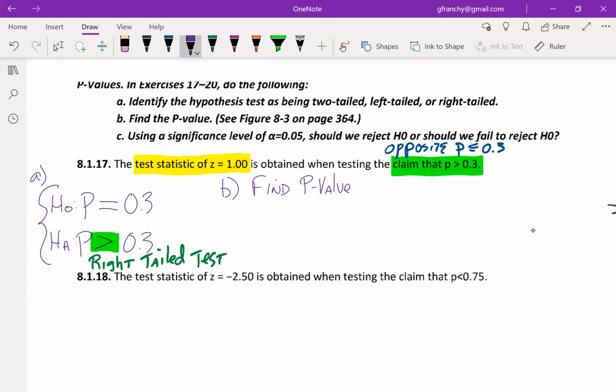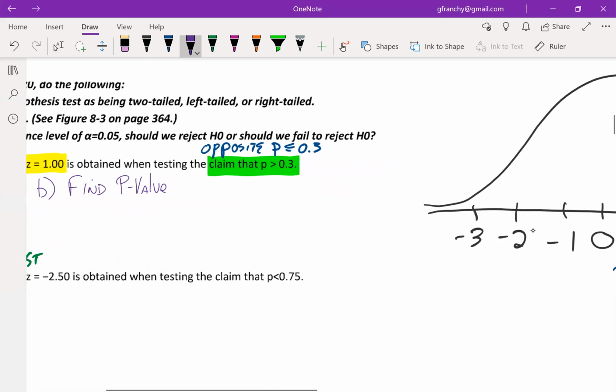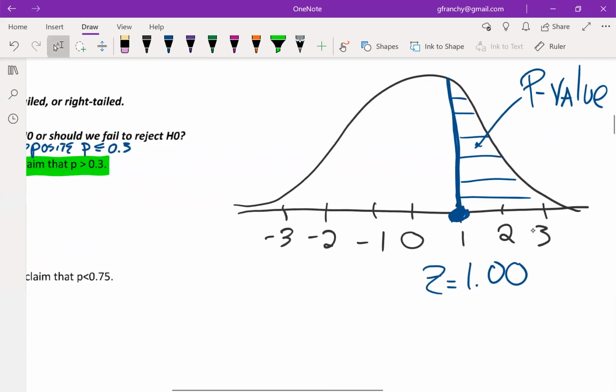We could go to StatDist, bring up the normal distribution, put in 1.00 for the test statistic, the z-value, and take the area to the right. Or we could work off table A2, and on table A2, we find that the area for 1.00 is 0.8413.